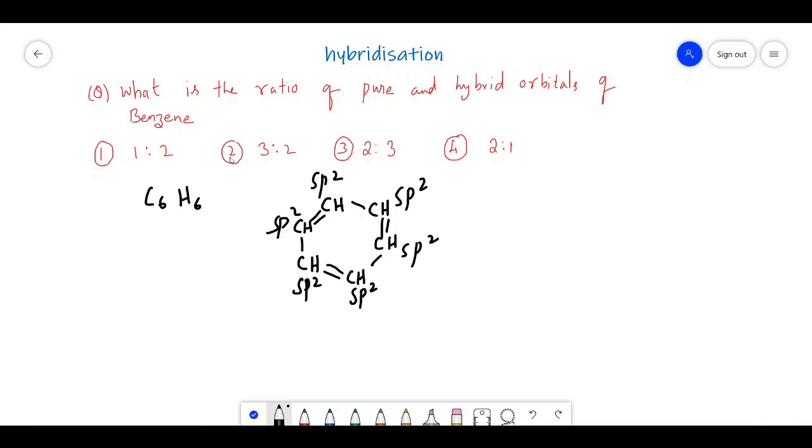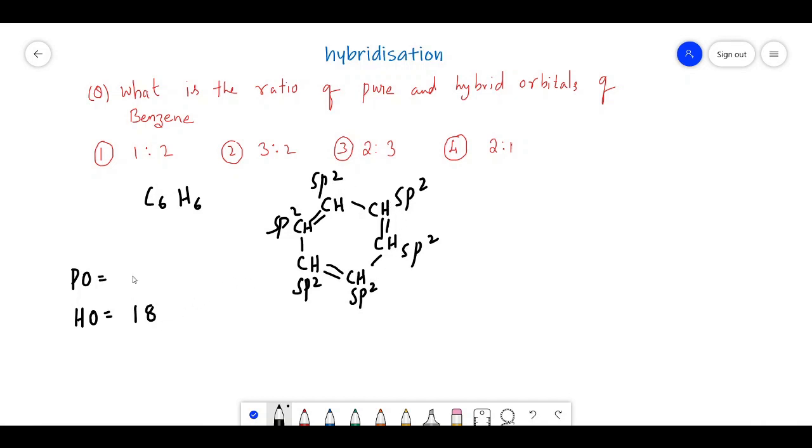Now the question is asking the ratio of pure and hybrid. So first let us take the number of hybrid orbitals. This is 3, and we have 6 carbons, so there are 18 hybrid orbitals. You can count this: 3 plus 3 plus 3 and 3 plus 3 plus 3. Total it is 18.